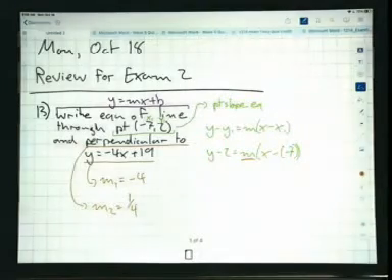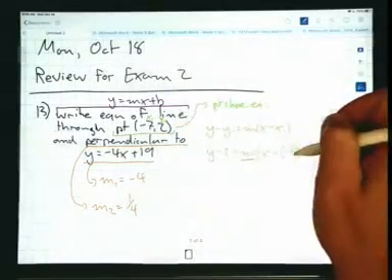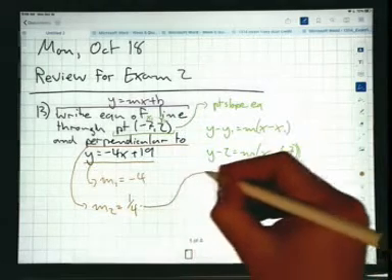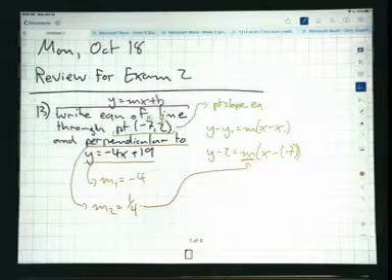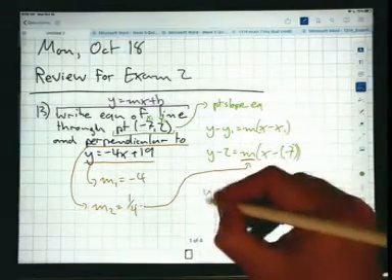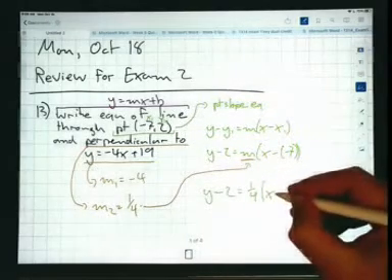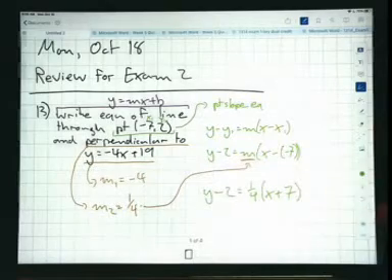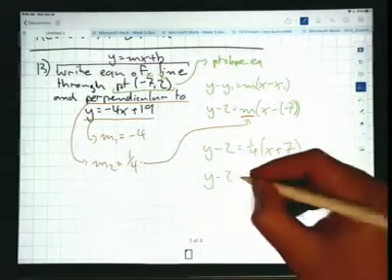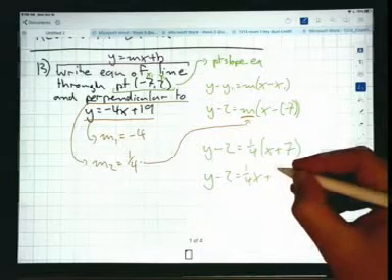Okay, so at this point, we have our point that we've already plugged in. We need slope, and this is the slope that we're going to plug in here. So concluding our example, we have y minus 2 is equal to 1/4 times x plus 7, so that's y minus 2 is equal to 1/4 x plus 7/4.